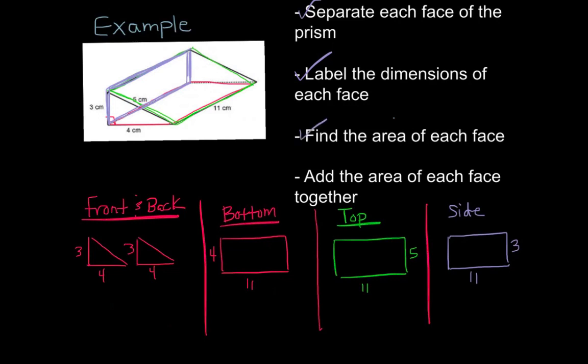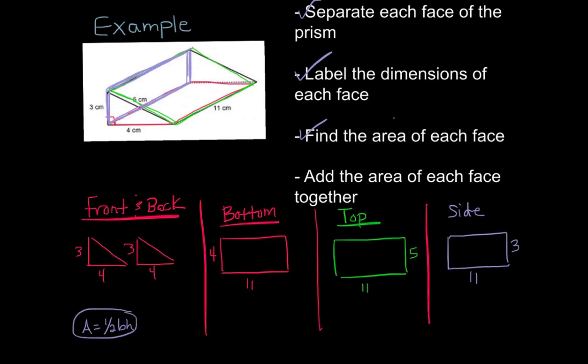And this time we need to be a little bit more careful because not each face is a rectangle or a square. So we need to be careful of that. We have a couple faces that are triangles. So you have to remember the area formula for a triangle, which is area is equal to 1/2 times your base times height. So we're going to use that formula, okay?